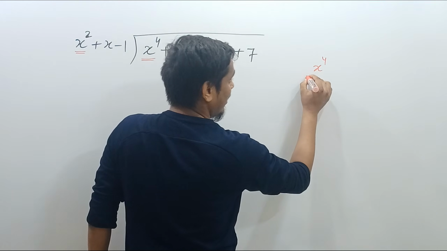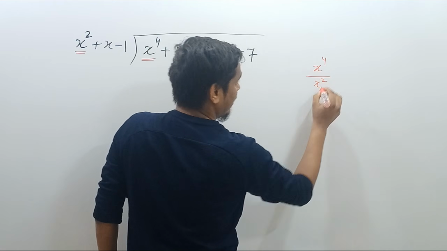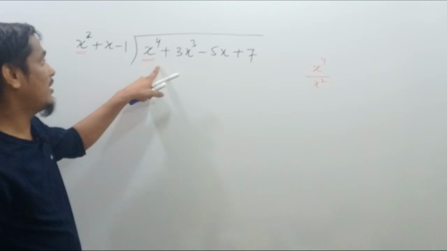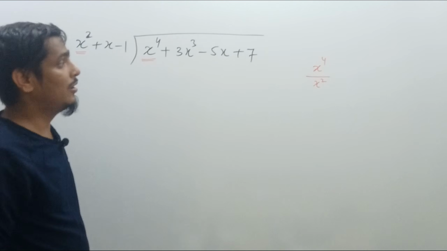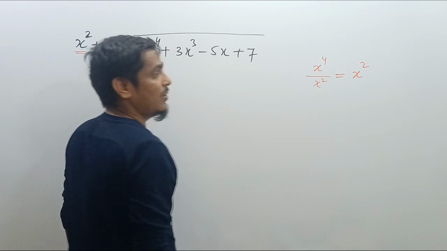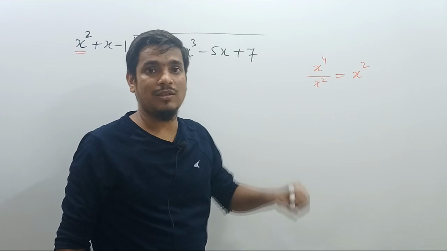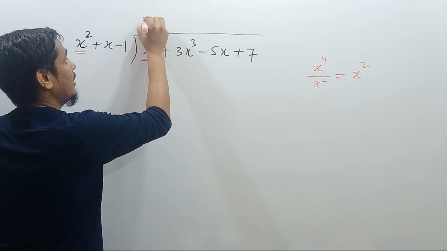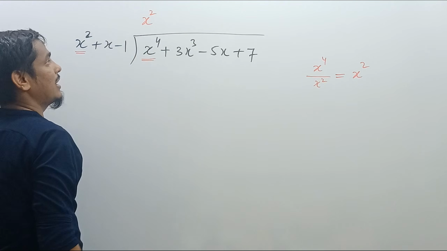If we divide the leading term of the dividend by that of the divisor, that is going to give us the leading term of the quotient. So x to the power 4 divided by x square is x square. That will be the leading term of the quotient, which is x power 2.